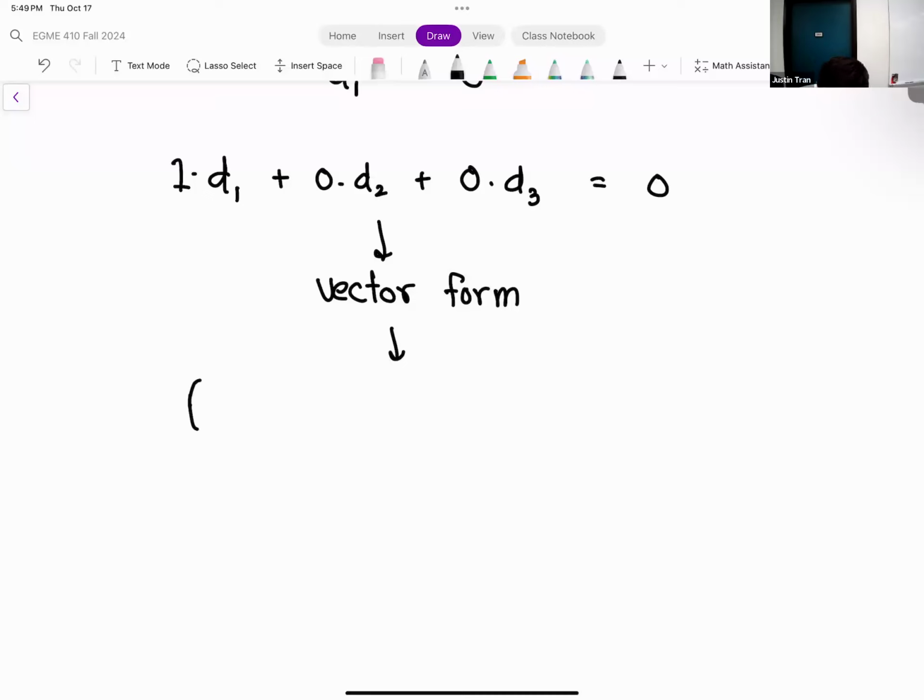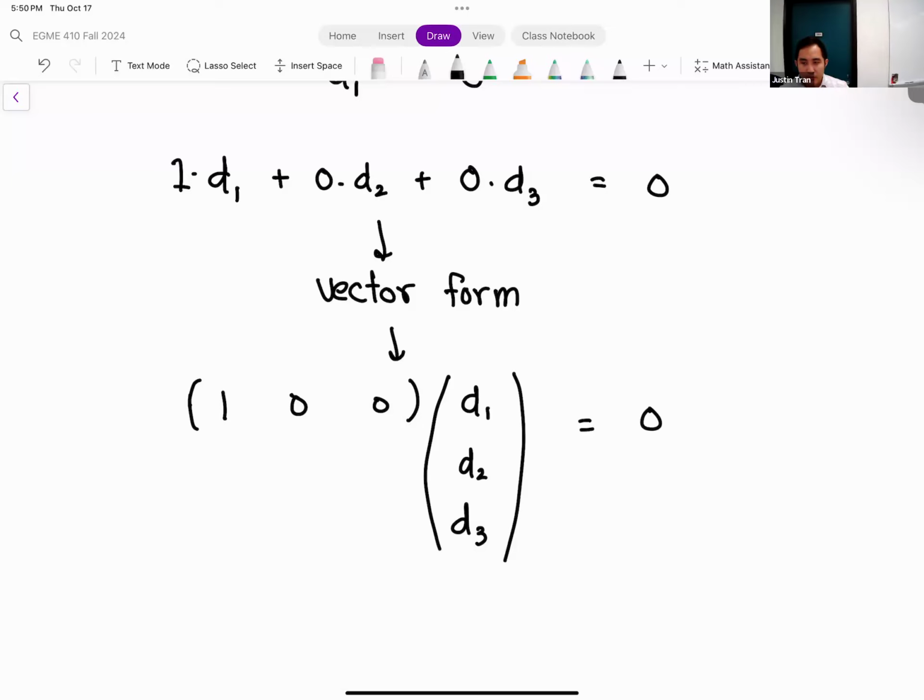If I extracted the 3 coefficients, it would be 1, 0, and 0, multiplied by the vector D1, D2, D3, and that's equal to 0. So we put the coefficients into a row vector and the variables in a column vector, and when you multiply these two, it's essentially just the dot product between them. We get the exact same equation up there.